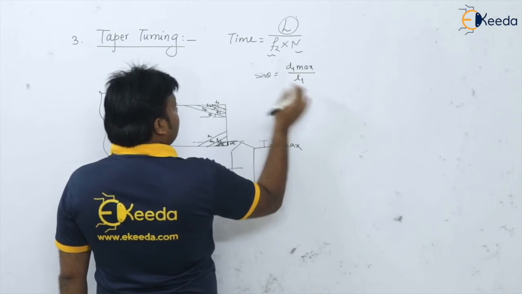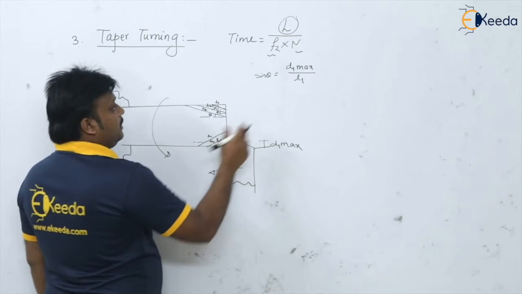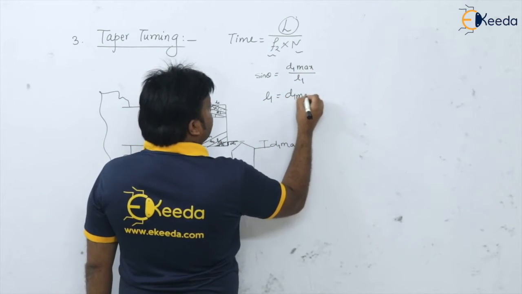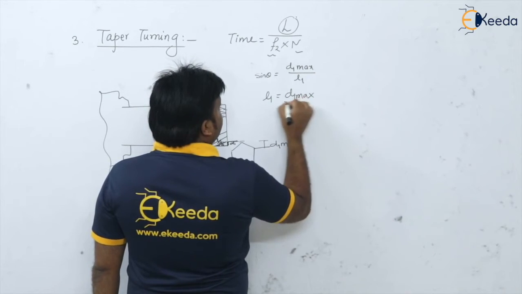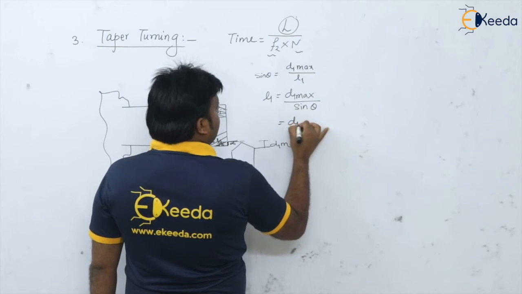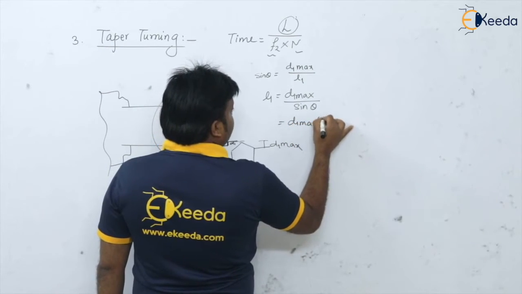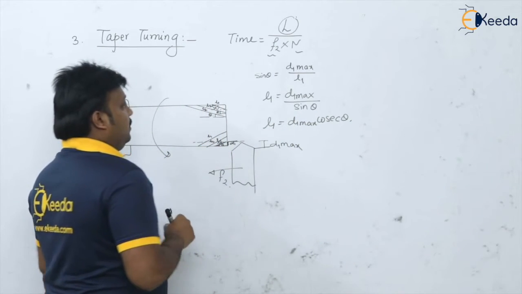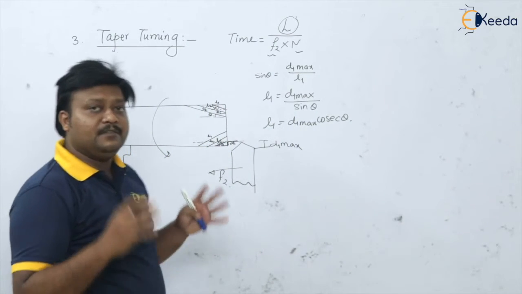So what is the length you got cut in the first cut? That is L1 equals d1 max divided by sine theta. What is 1 upon sine theta? It is nothing but cosec theta. So this is the length of cut you got in the first cut.